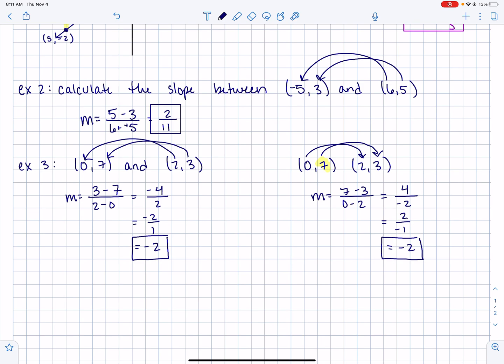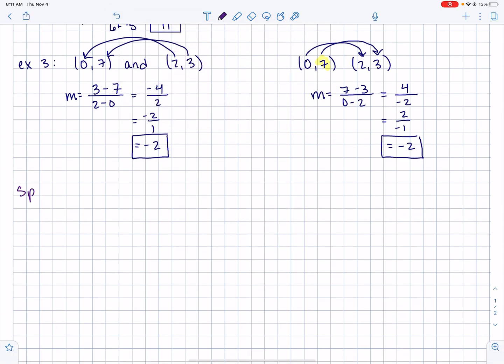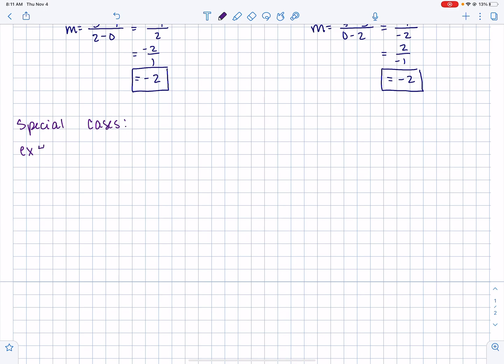All right, let's talk about two special cases that we went over the other day too. These are special. So for example 4, we're going to calculate the slope between (6, 8) and (-1, 8). All right, so again, draw those arrows. So I'm going to go 8 minus 8. My slope is equal to 8 minus 8 over -1 minus 6.